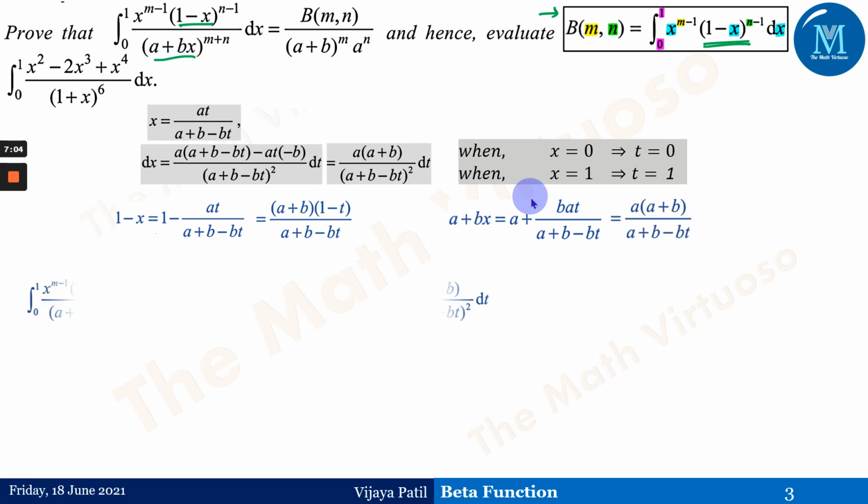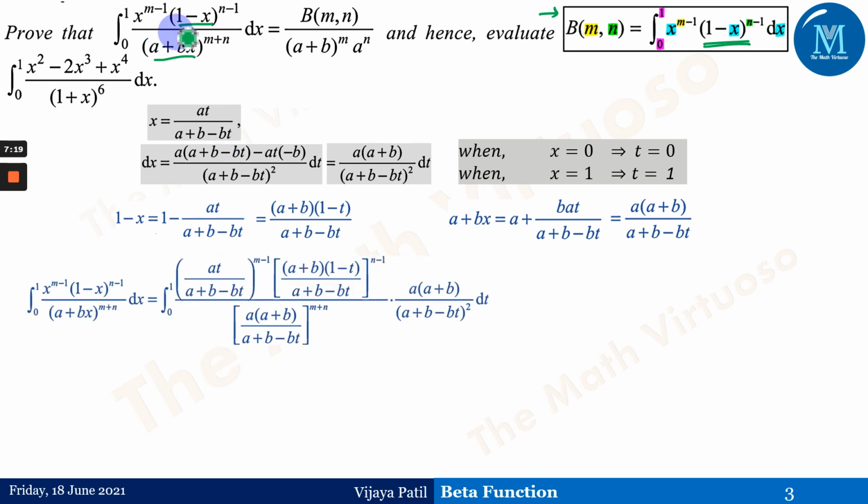Just try to take it up. I'm here to just give an idea about that. It's just cross multiplication, addition, and everything. We get a into (a plus b) upon (a plus b minus bt) as a plus bx. Then we put all those values here. You might be thinking that it's a very big expression, but it's not. If you sort it out properly you will reach the answer very well. So what are the constants here?